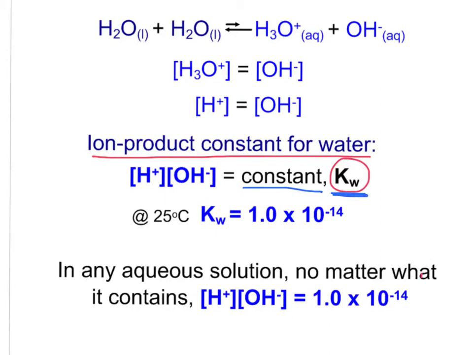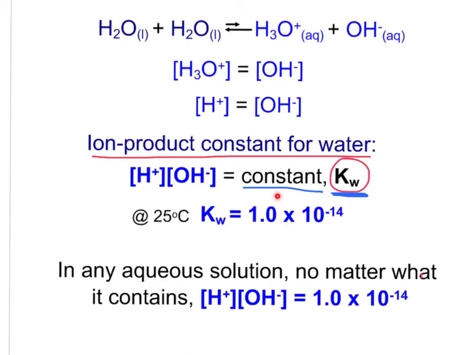That's how we abbreviate it, with the capital K and little w after it, and it's constant. It means it's always that. No matter what is contained in our water solution, the constant is always 1.0 times 10 to the negative 14th when we're at 25 degrees Celsius. If we start changing temperature, we're going to have something different for that. It will not be the same.